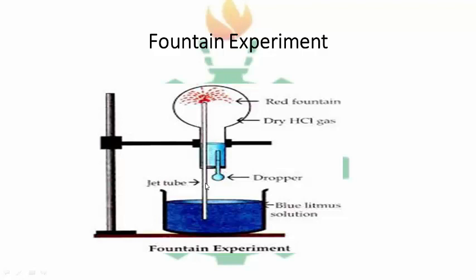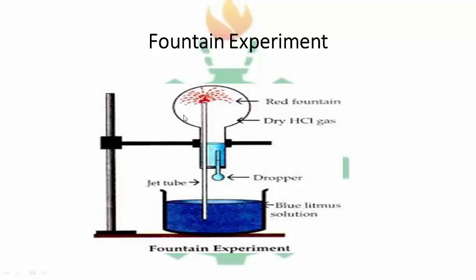As the blue litmus solution gets to this region, the hydrogen chloride gas reduces the atmospheric temperature and the atmospheric pressure of this blue litmus solution as it is coming into this region, thereby forming a fountain-like structure, as you can see in the diagram.